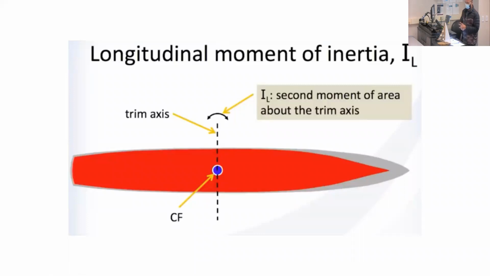How do you compute moment of inertia? Maybe in your class you used tables? No? You're just going to numerically integrate again. In your statics class, do you remember how you computed moment of inertia?